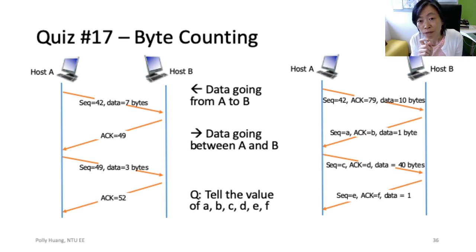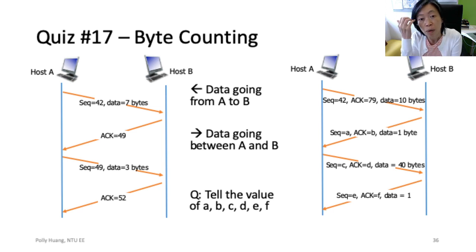If the starting byte is 42 and there are 7 bytes, the last byte's number is 42 plus 7 minus 1. Therefore the ACK should be exactly 42 plus the size of the data in the packet, 49.